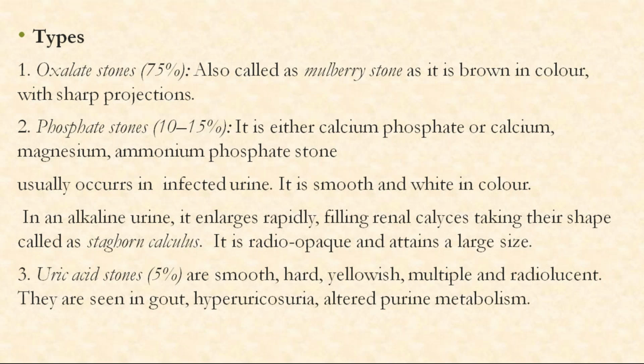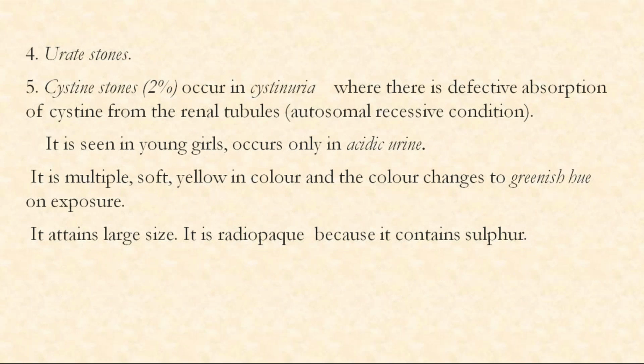Where can you see these uric acid stones? Commonly seen in gout, hyperuricemia, and purine metabolism. In purine metabolism, commonly the uric acid stones are there. These are radiolucent. The other variety is cystine stones.